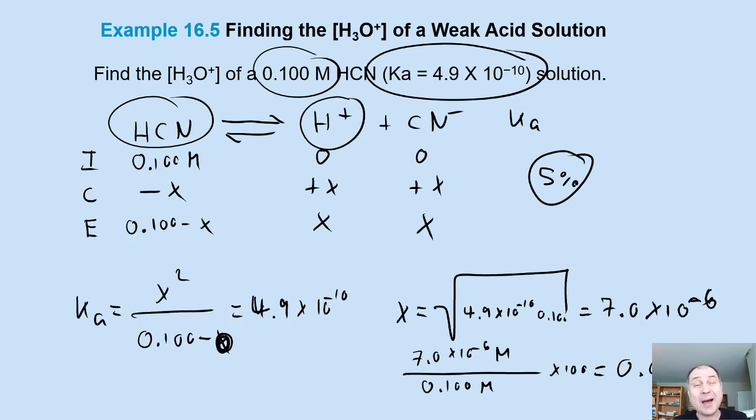You might have to use the quadratic equation when your K is rather large, like 10 to the minus 2 or 10 to the minus 1, and your original concentrations are rather low. If your original concentration is like 0.002 and your equilibrium constant is 0.01 or something like that, then you probably have a dissociation much larger than 5%, and you'll have to use the quadratic equation. But most of the time you can assume that x is not infinitely, but negligibly small.